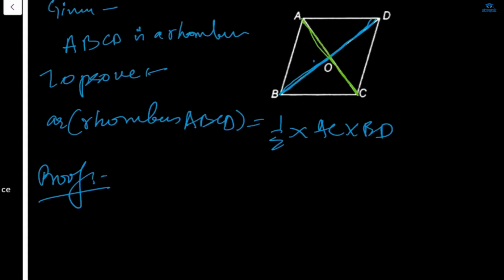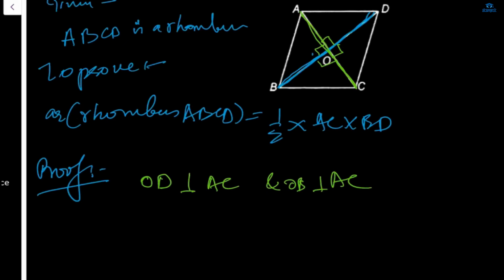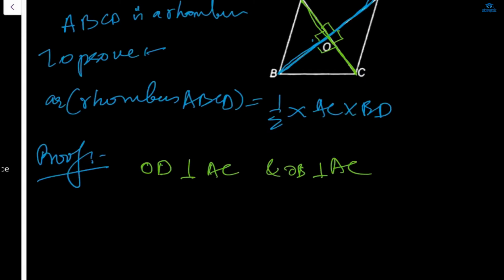So these are 90 degrees. I will write that OD is perpendicular to AC and OB is perpendicular to AC. I am taking triangles ABC and ADC.